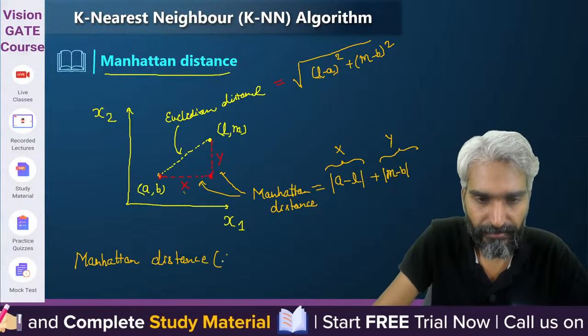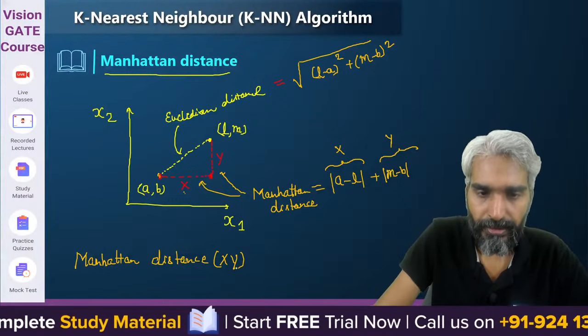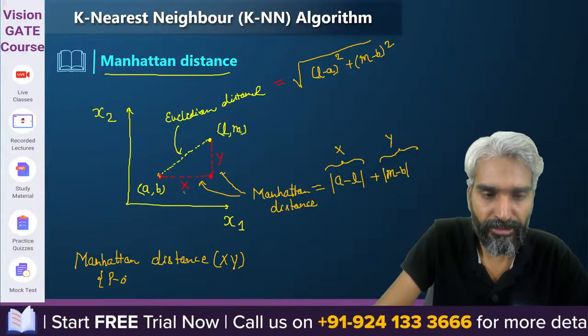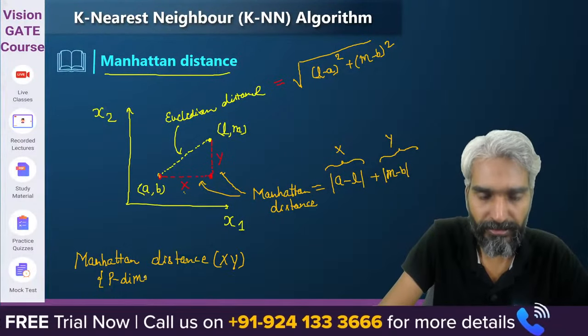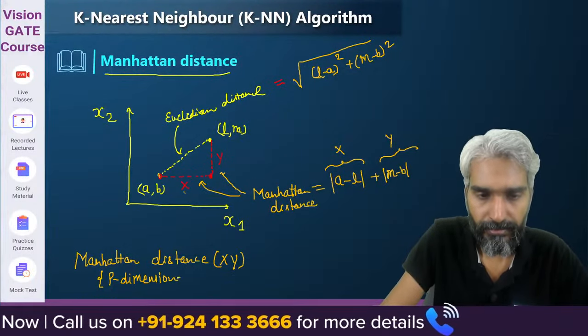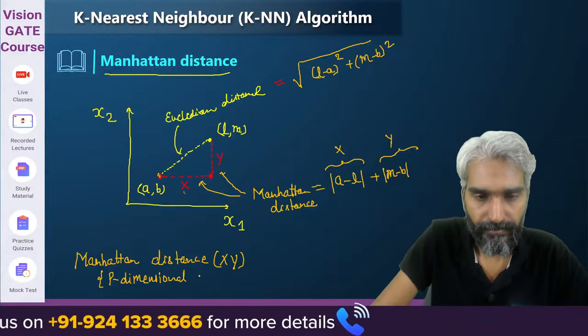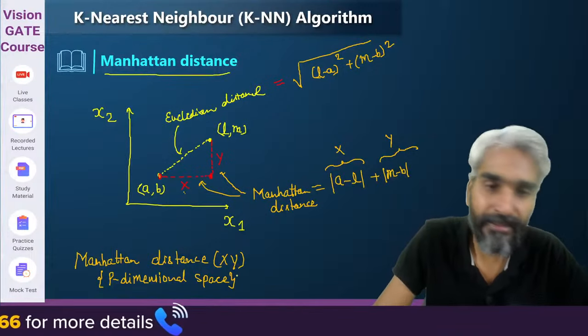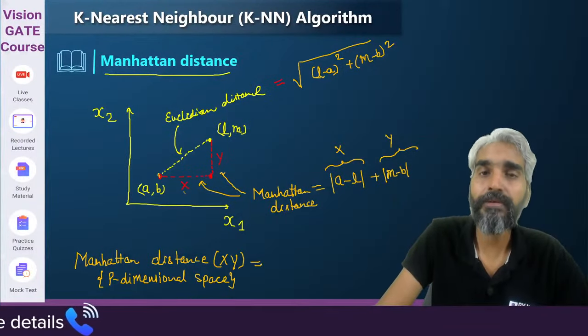The Manhattan distance between the data points x and y, if there are p dimensions. If this distance is calculated in p dimensions, then what will be its value?